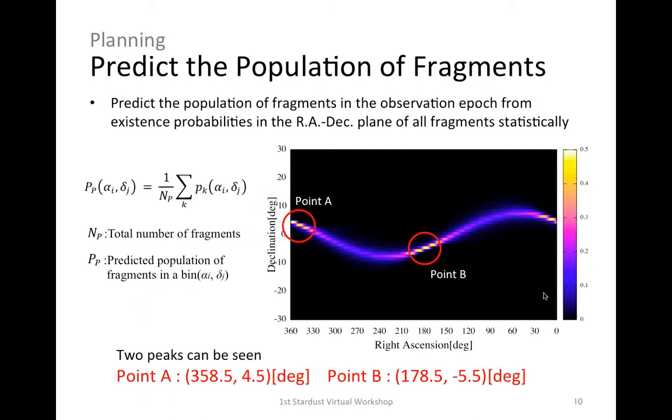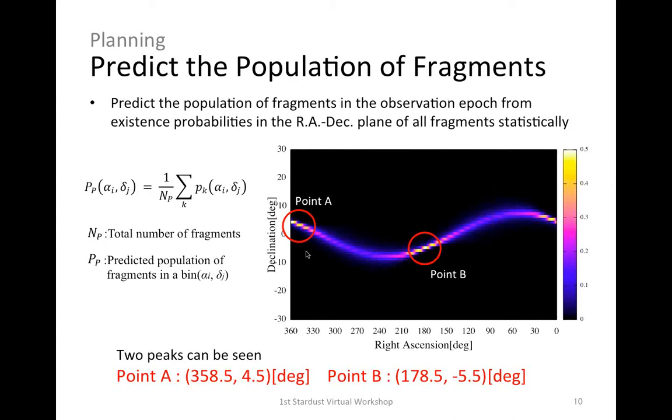Then, the population of fragments at the observation epoch can be predicted statistically from the existence probabilities of all fragments. In this figure, 2 peaks can be seen.